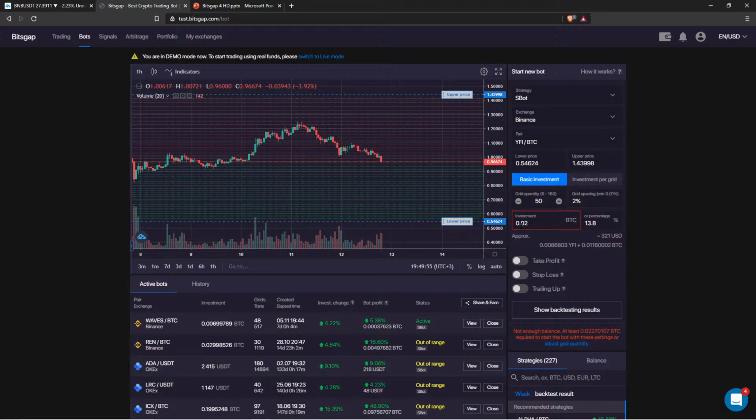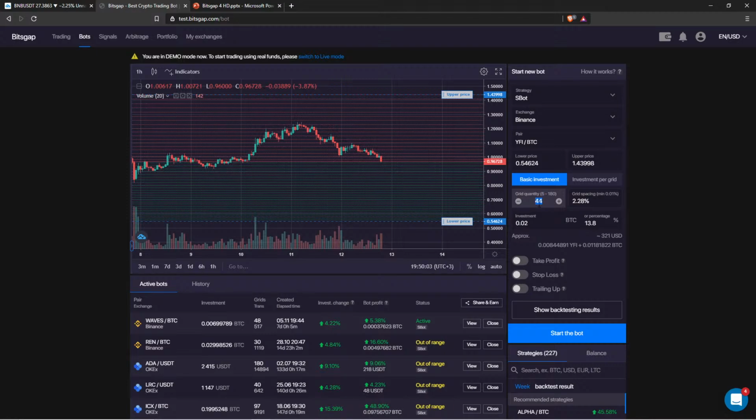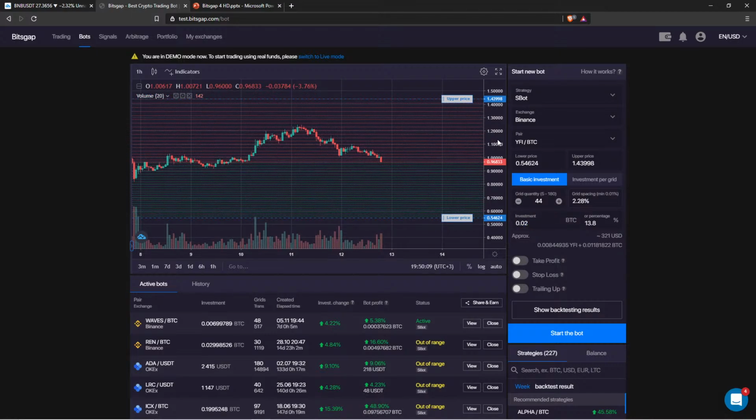In order to keep the same investment value, I need to press adjust grid quantity. Now with the reduced amount of grid levels from 50 to 44, I am able to execute this configuration.